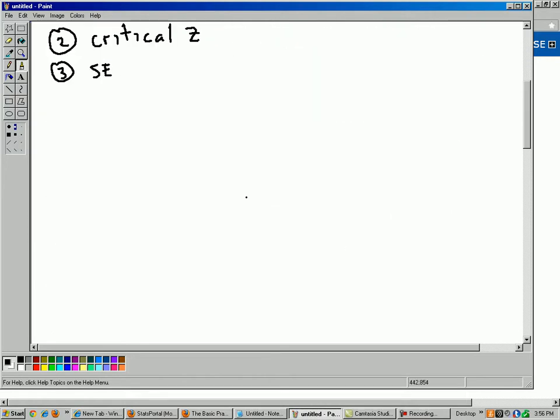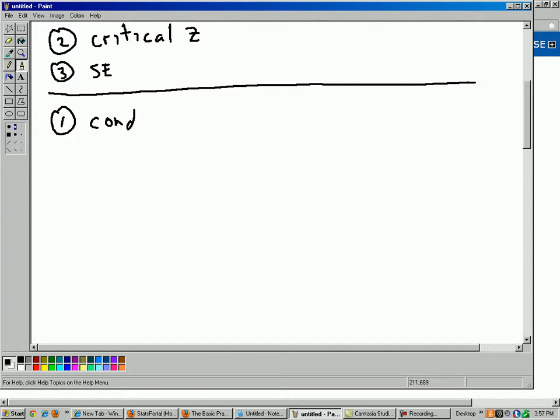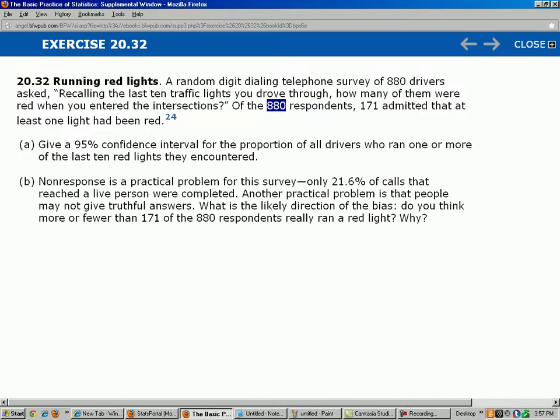Okay, let's start with the conditions. Step 1, check the conditions. Is it even valid for us to do this computation? Well, is the sample random? Yes, it's random. In the original problem, it says right here, a random digit dialing telephone survey of 880 drivers. So yes, it's random.